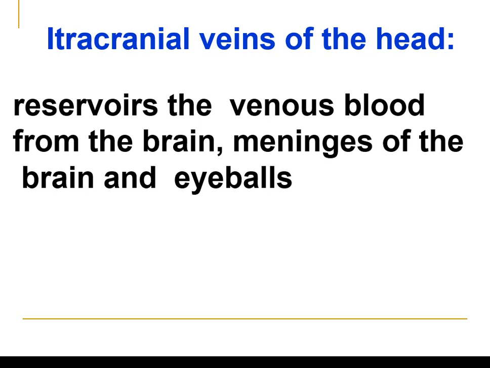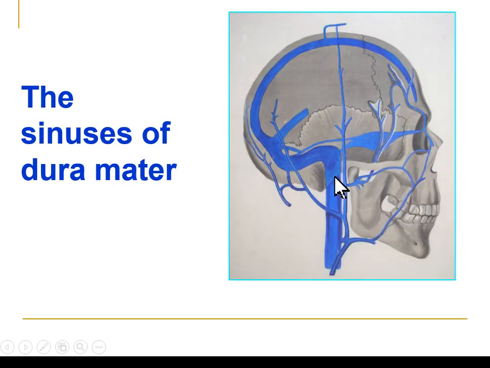Intracranial veins collect the venous blood from the brain, meninges of the brain, and eyeballs.